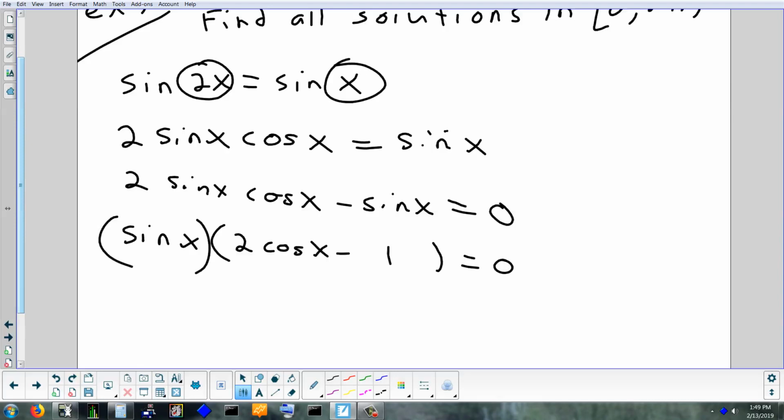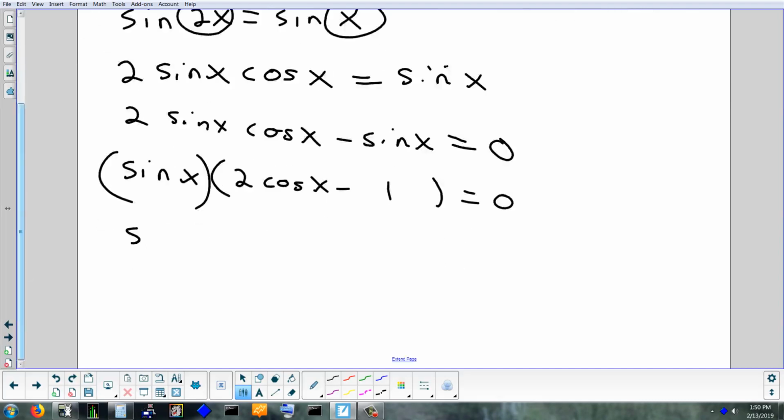And now we have something times something equals 0. So take each factor and set them equal to 0. And what's cosine x going to equal? 1/2. Now, cosine x equals 1/2. I know we already did that one earlier.